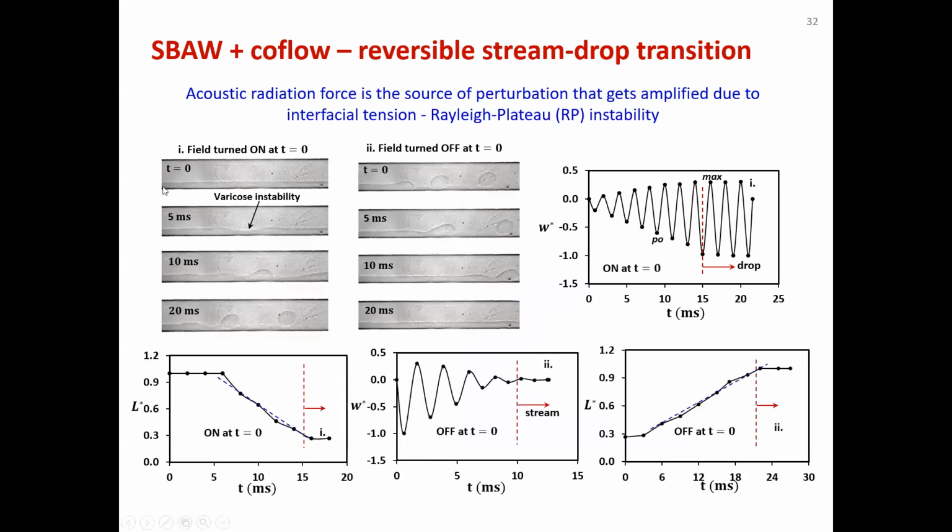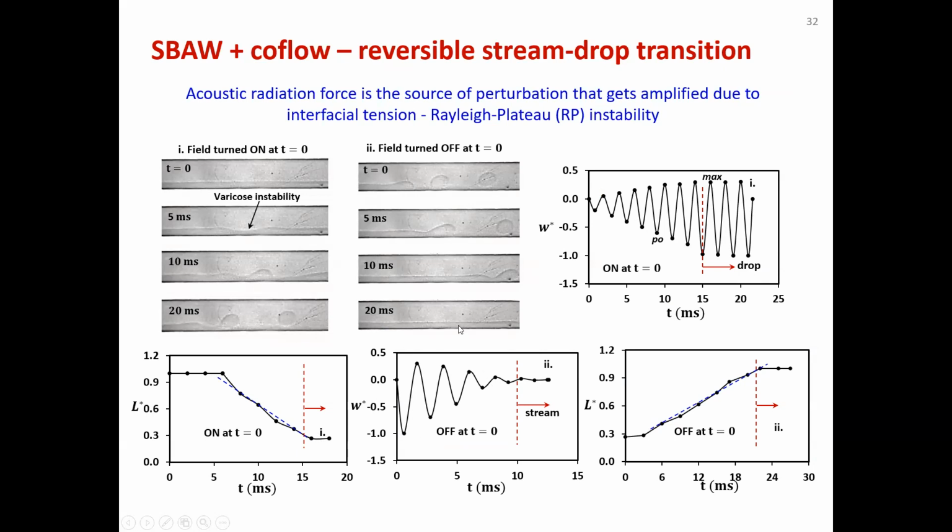As you can see here, the interface is initially perturbed and it grows. And as the growth proceeds, these perturbations become of the order of the stream width, and the stream breaks into drops, during which the length of this stream goes down, producing a jet. And when you take out the field, these stream perturbations die down.